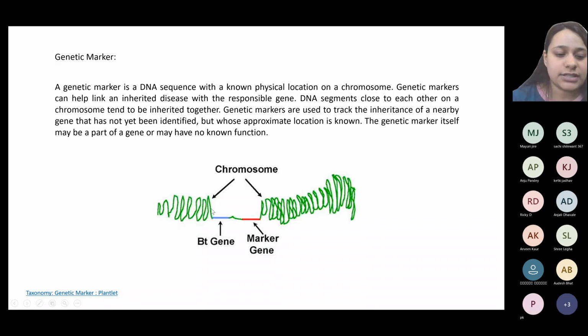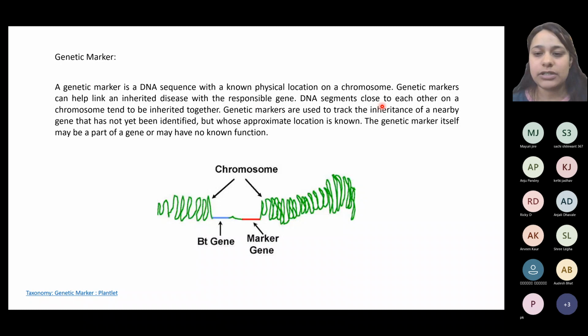I had just read the first statement about what a genetic marker is. It is a DNA sequence with a known physical location on a chromosome, right? Let me read the entire thing, then maybe I'll explain what it is. Apart from this, genetic markers can help link an inherited disease with the responsible gene.